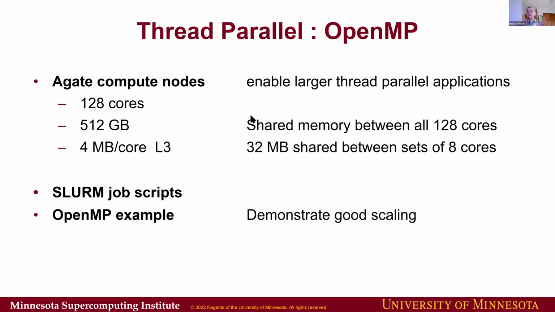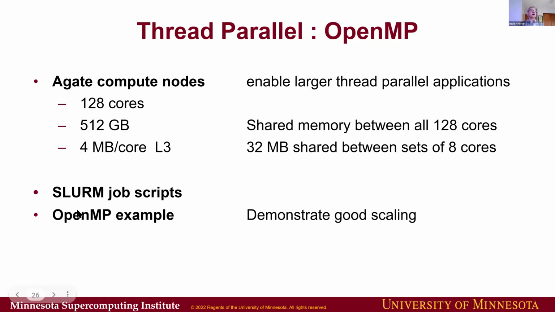But if you have an application which needs quite a lot of memory, if you can fit what you're processing into 512 gigabytes of memory, then you're good to go on just using one node. And some kind of a thread parallel application might work very, very well in your workflow.